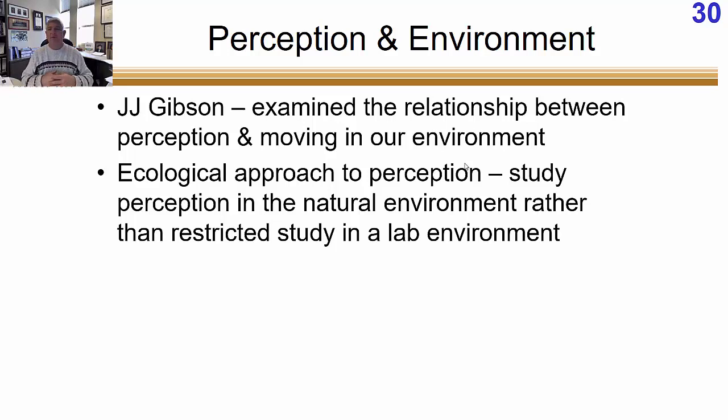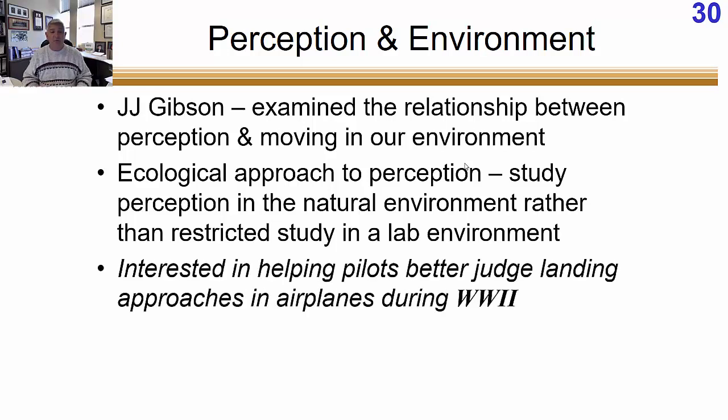So you had all these Gestalt people doing all these manipulations in the lab, breaking apart little bits and pieces of heuristics for specific things. But Gibson was like, okay, well, what about how we actually see things in the environment? And he was particularly interested, this is around World War II, when most flying of planes was done without instruments.